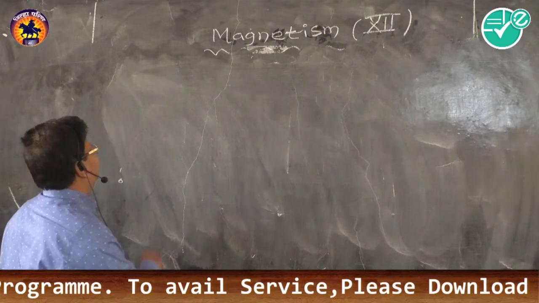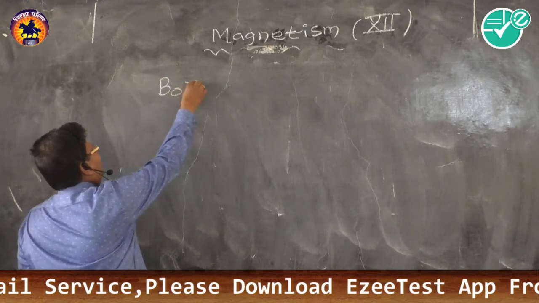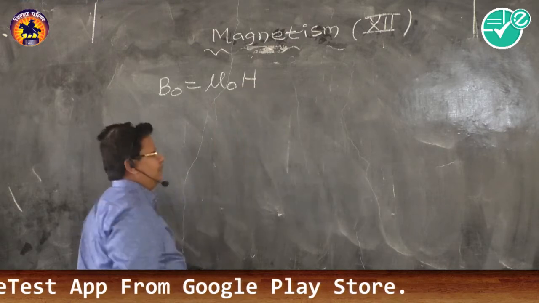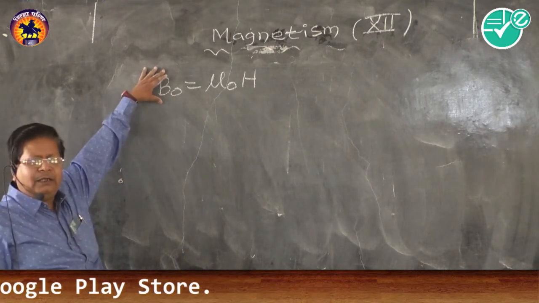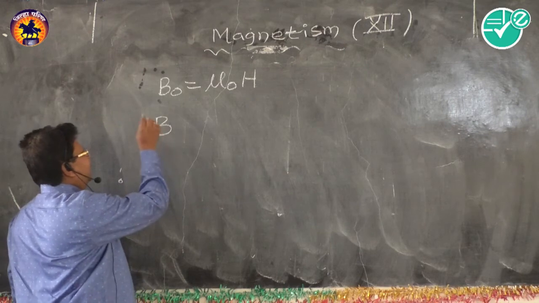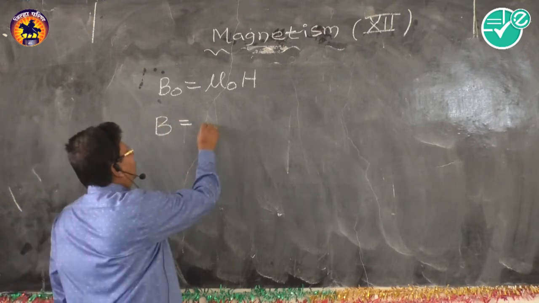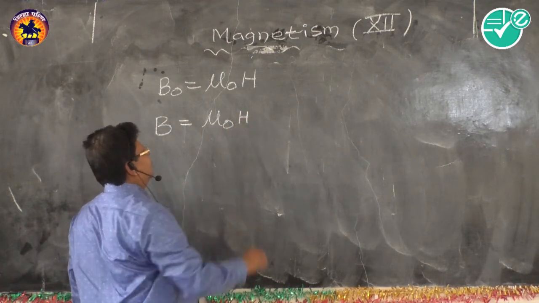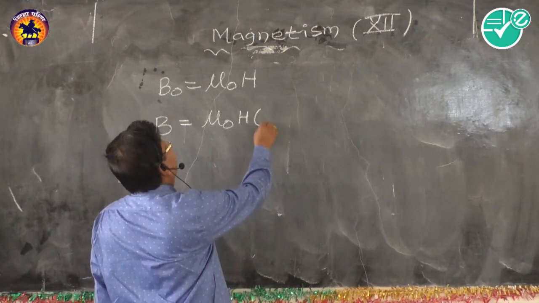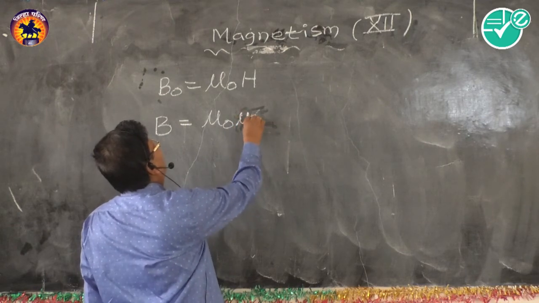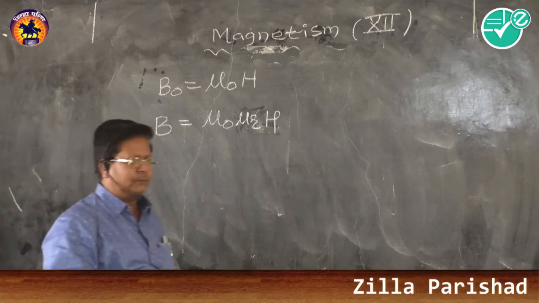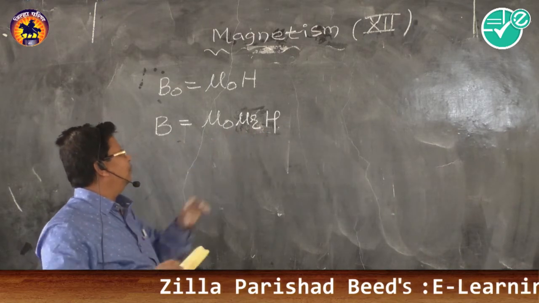As we know that B0 is equal to mu 0 into H. So this is the magnetic induction in the absence of the iron core, and total magnetic induction B is equal to mu 0 into mu r into H. That is B is equal to mu into H.